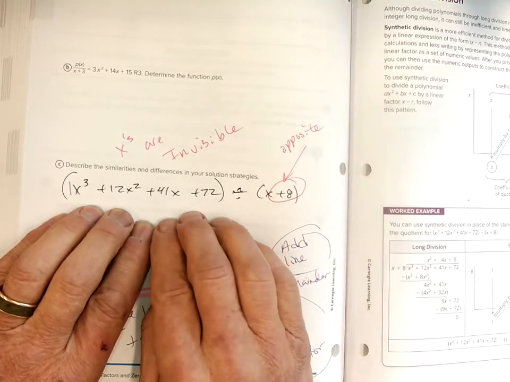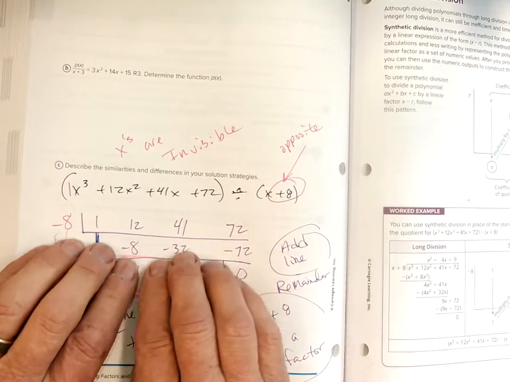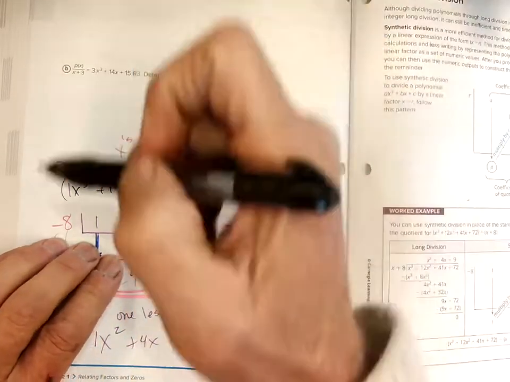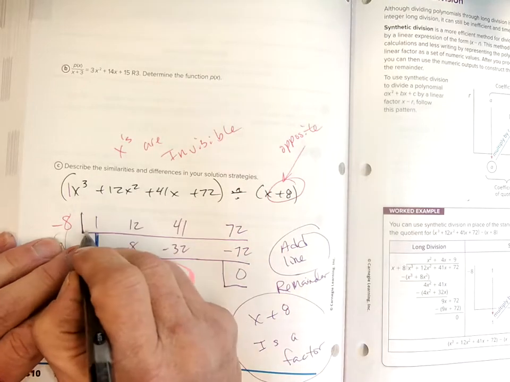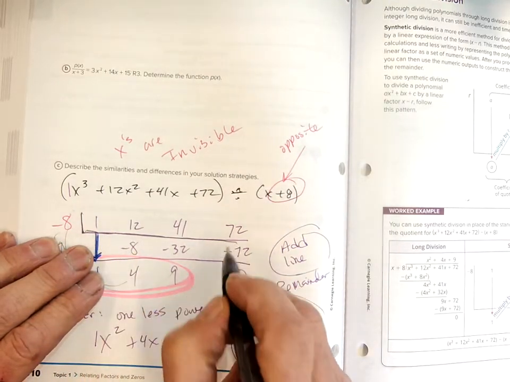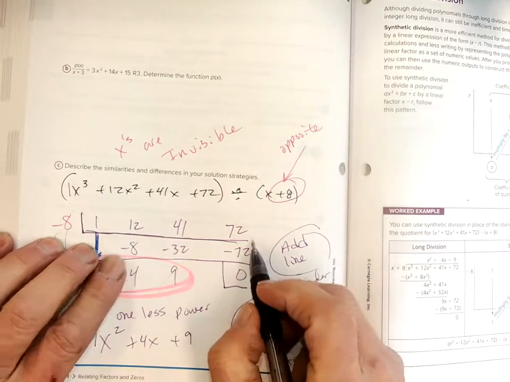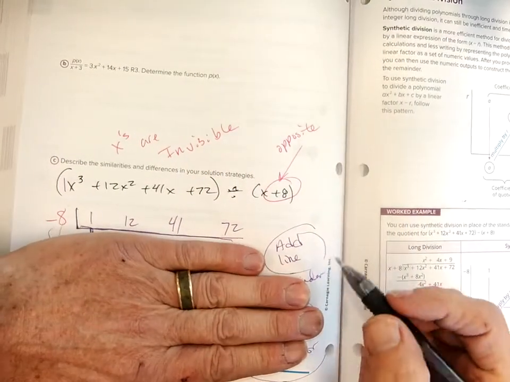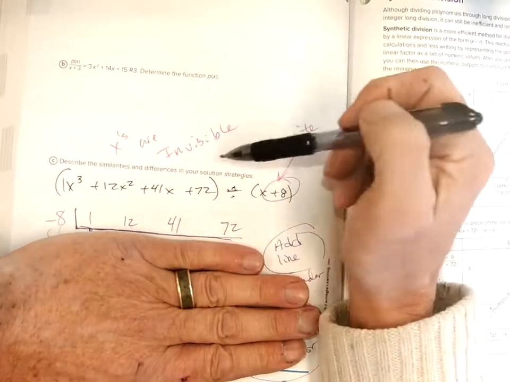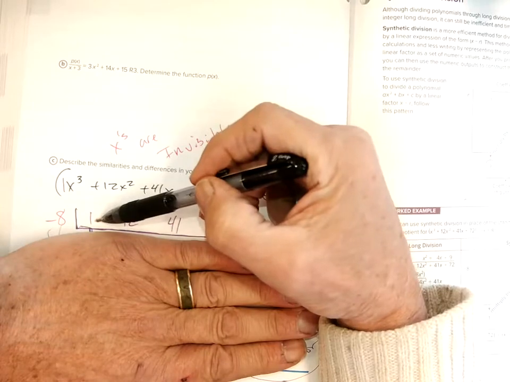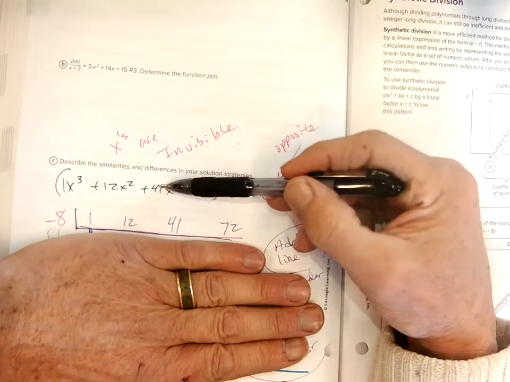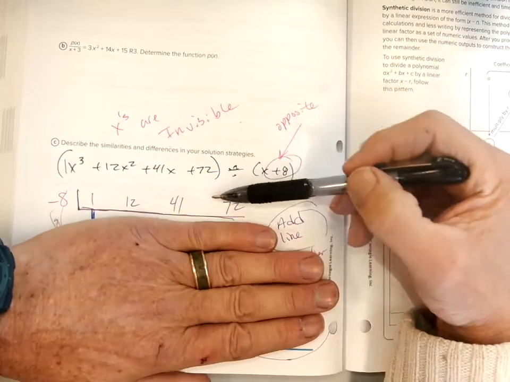What I want to do is rewrite it. We call it synthetic division, but I've told kids to think of it as upside down division. So I made my division symbol upside down like that, and then I put in the numbers. Now the x's are invisible. That's 1x cubed, 12x squared, plus 41x plus 72.